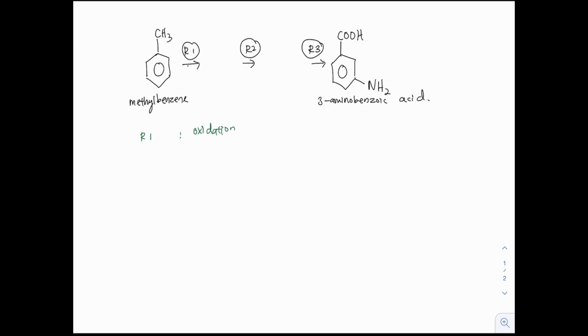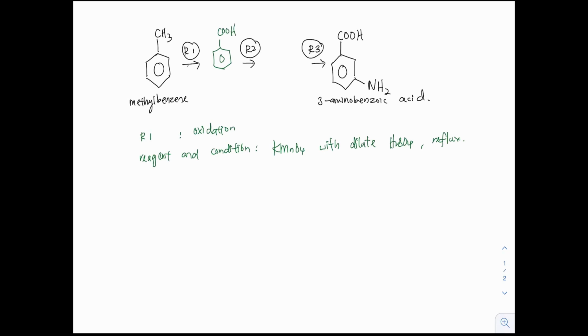For this oxidation, the reagents and conditions that we need is the oxidizing agent, which is KMnO4 with dilute H2SO4, and we need to reflux it. And then you will get benzoic acid.